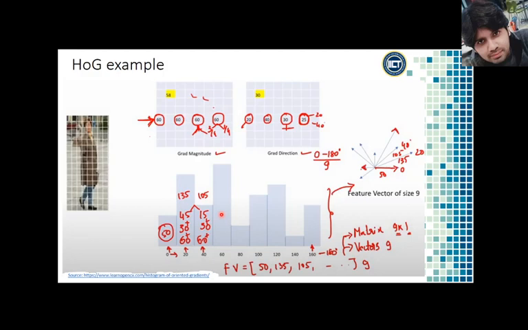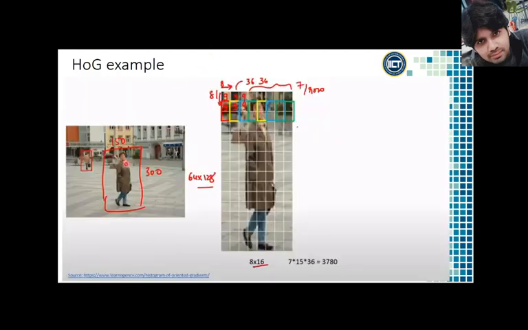Now how can we perform more operations here? If you can see, this was the size of this cropped image, which was 150 by 300, and then we resized it to 64 by 128. With this we divided it into 8 by 16 cells, and each of these cells is actually 8 by 8.